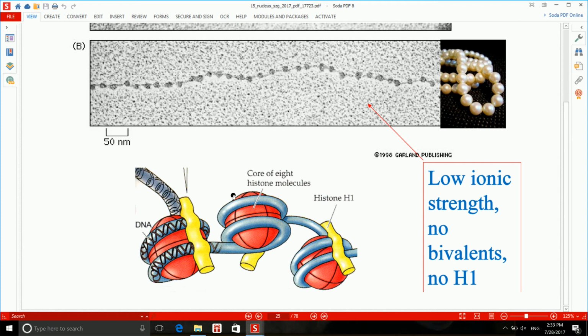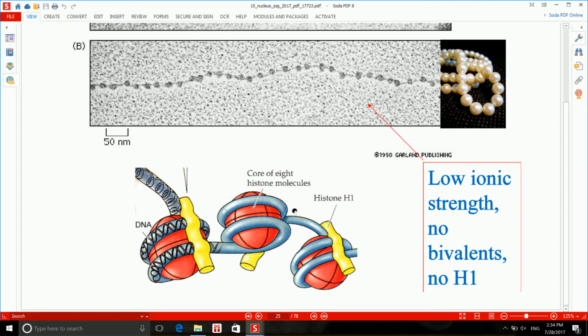The length of the DNA going around each nucleosome is about 200 base pairs. That is also another important number, 200 base pairs around each of these histone octamers. And the DNA which is linking each nucleosome together is called linker DNA.